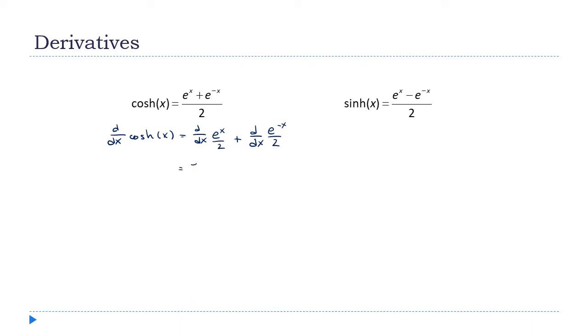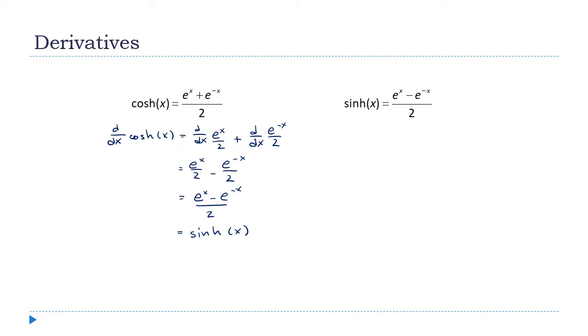And that is e to the x over 2 minus, it's a chain rule here, e to the minus x over 2. Then I can combine these because the denominators are the same. This is e to the x minus e to the minus x over 2, which is the hyperbolic sine of x.